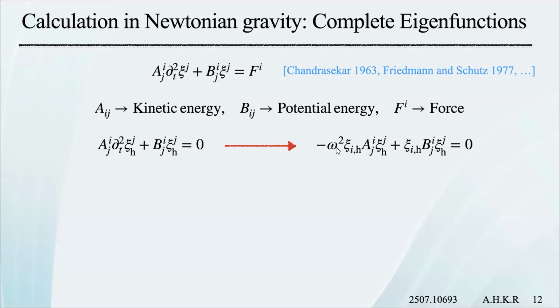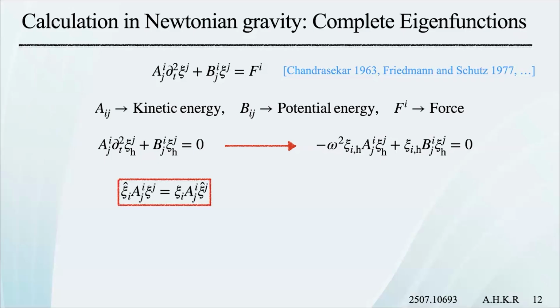Omega is the frequency. If you look at this problem, it is an eigenvalue problem for omega squared, right? So you have some operator here, some operator for the potential, with the boundary conditions that everything is regular at the edge of the star. It gives a characteristic eigenvalue for omega squared.